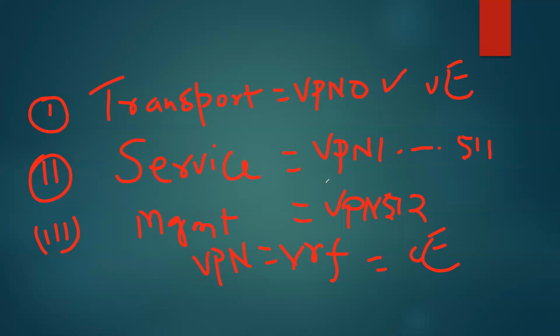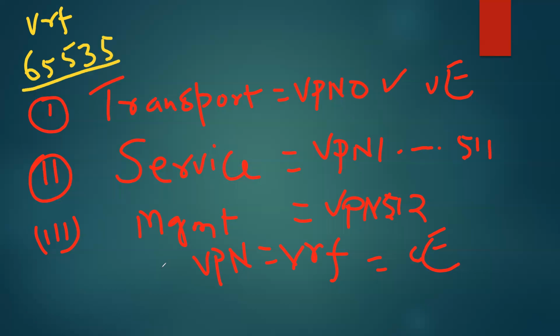Right now, the second question here is: do we have only 500 VRFs or VPNs? You can answer. I haven't answered this, but you can use your logic. No, I don't think we do. Yeah, we have more, right? Yes. The number of VRFs that we can create in Cisco devices may be 65,535.